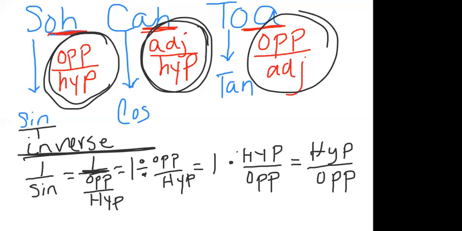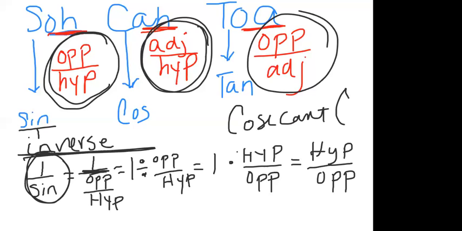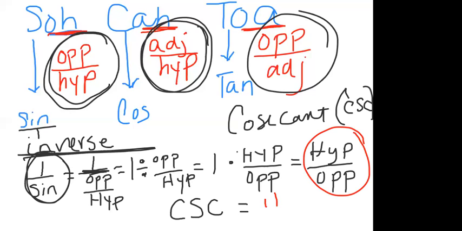So the inverse of sine is hypotenuse over opposite, and we refer to this as the, now be careful with this, cosecant. This is the inverse of sine, cosecant. When we write it out, we write it as CSC, and you pronounce it cosecant. So the cosecant represents the length of the hypotenuse over the opposite.